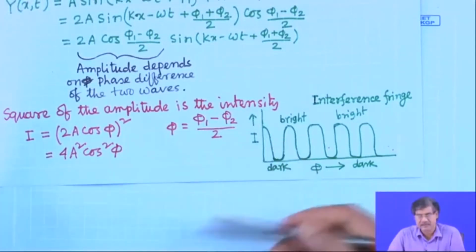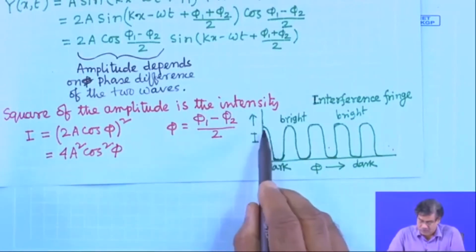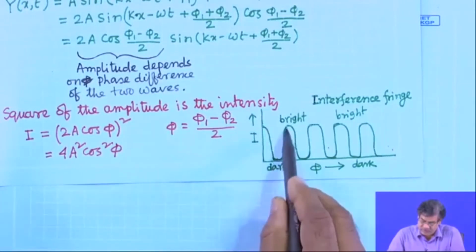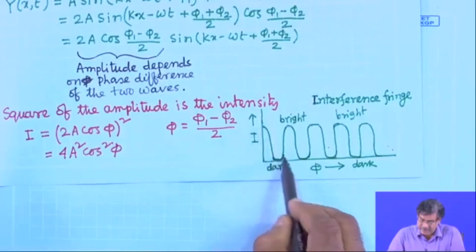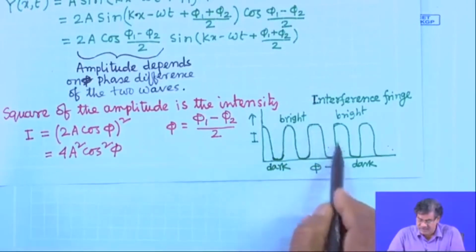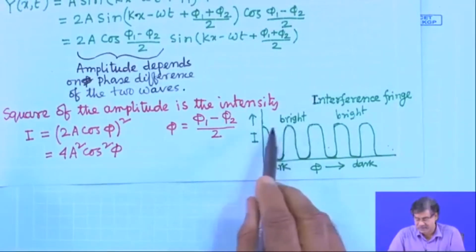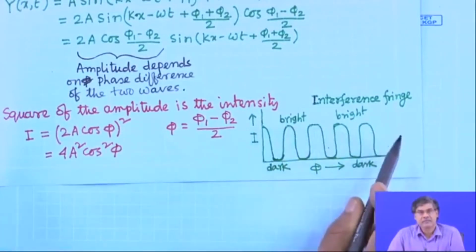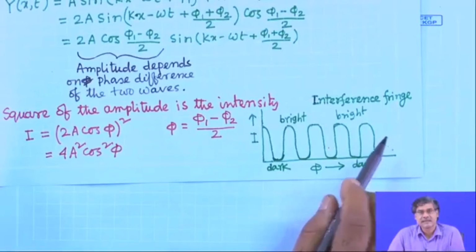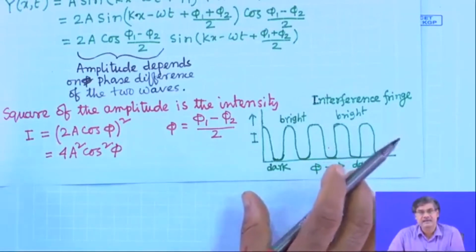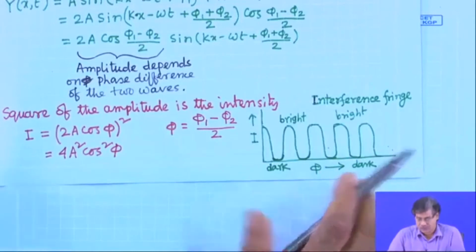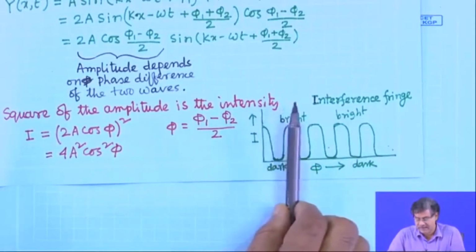Now, in this case it is on one side. Okay. So, the variation of intensity will be like this, they are equispaced. So, 0 intensity, maximum intensity. This kind of pattern we will see, and that is basically called the interference fringe. So, we will get basically bright and dark.